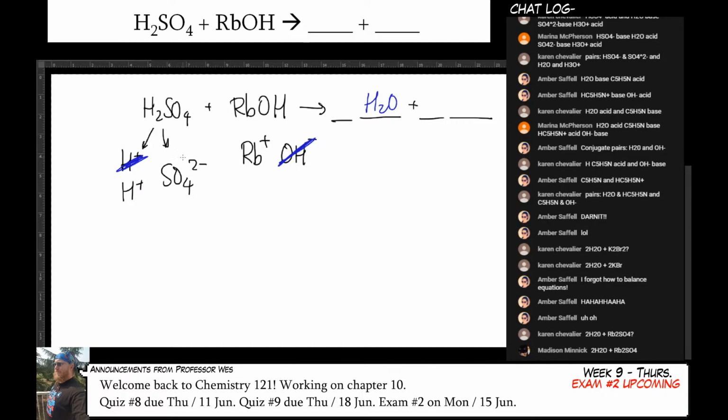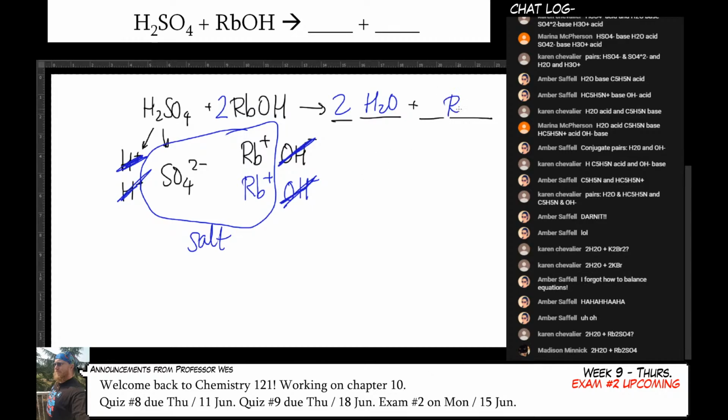But I still have acid left over, so I need to put additional base in the solution that I can then neutralize. Then step three, everything else is the salt. There you go. Everybody did it.